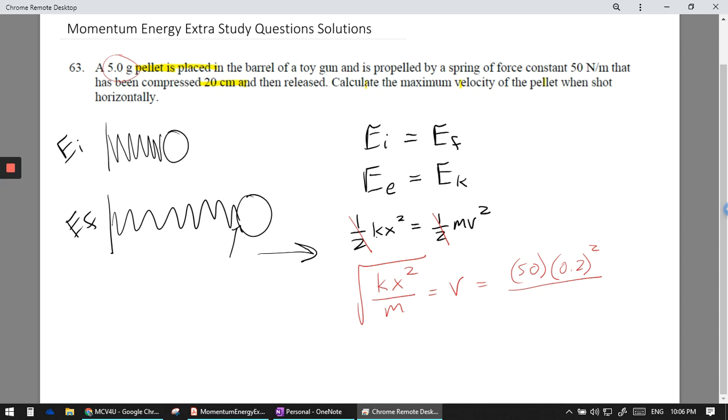And so let's take care of that. So 5 grams is 5 1,000ths of a kilogram. So it's going to look something like that. All right. And then once you root this, apparently what you get is around 20 meters per second there. Okay.